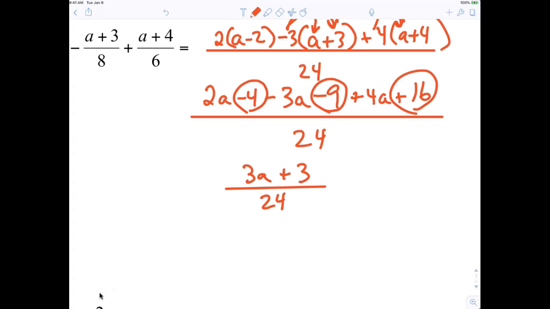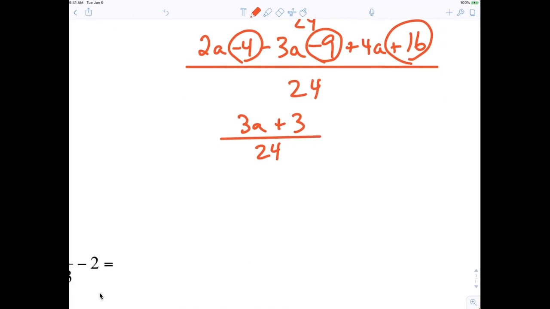Now simplify. Now listen, the thing you have to remember now is here you're supposed to recognize that all the numbers are divisible by what? 3.